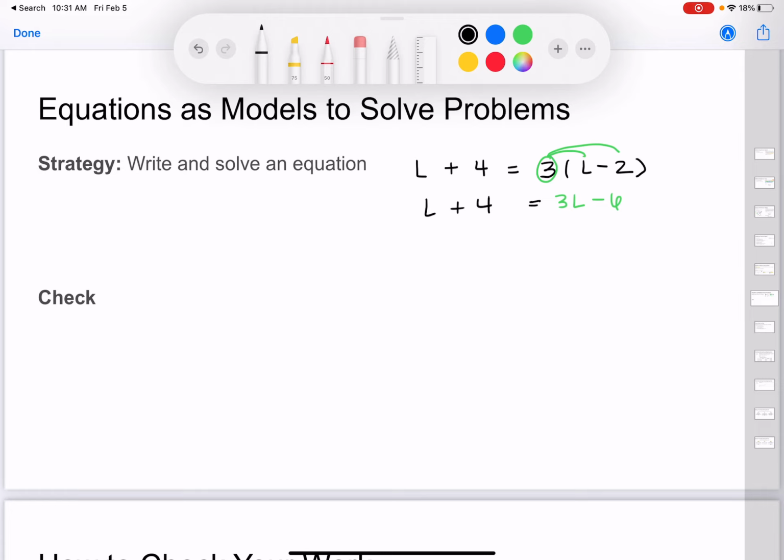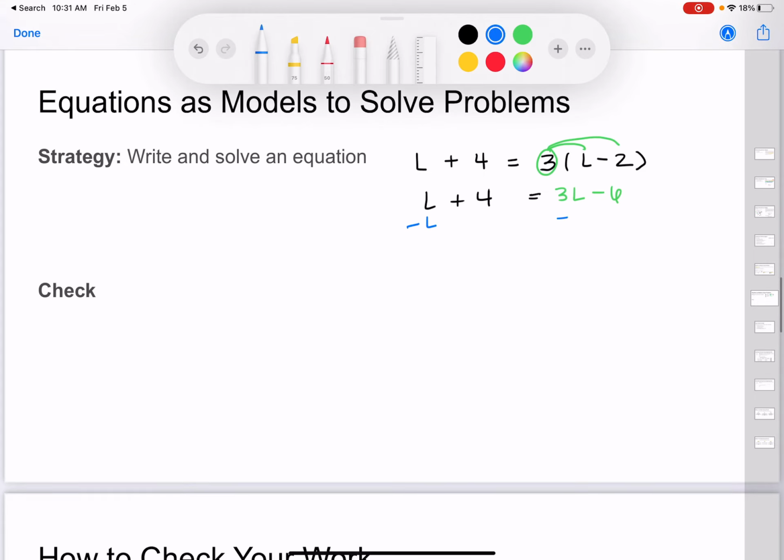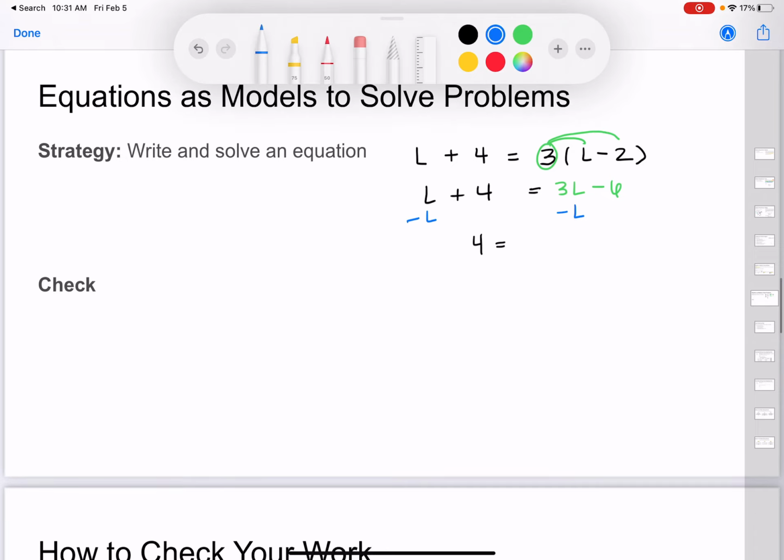And what I need to do is further isolate L. So minus L, which gives me 4 is equal to 2L minus 6.